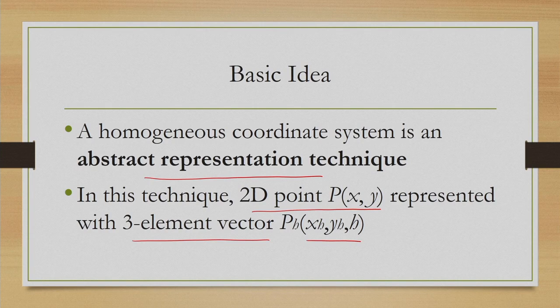Each of these elements corresponds to the coordinates in the homogeneous coordinate system. So, we are transforming a 2D point into a 3D space. In this case, the 3D space is the abstract homogeneous coordinate space, and each point is represented with a 3-element vector.